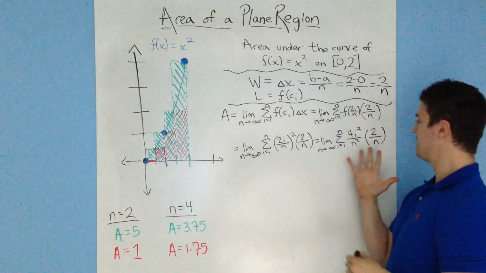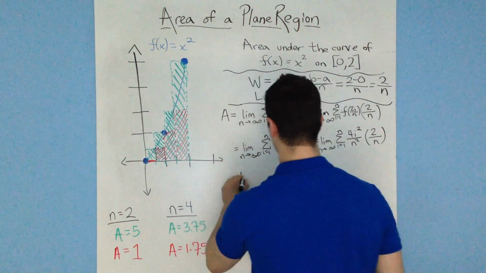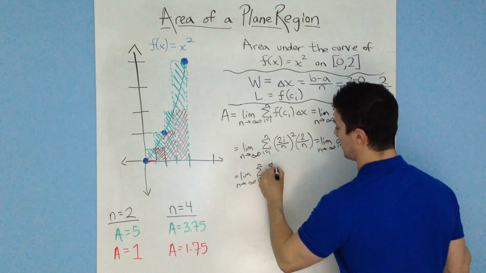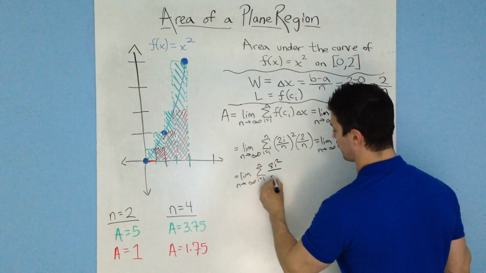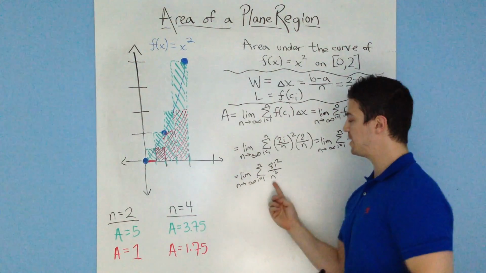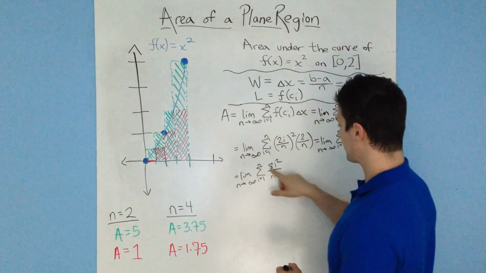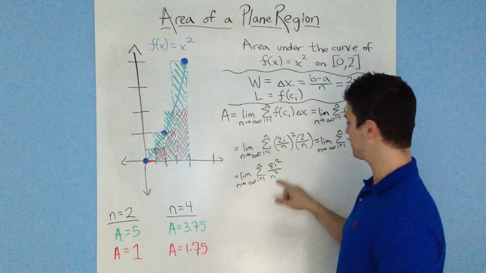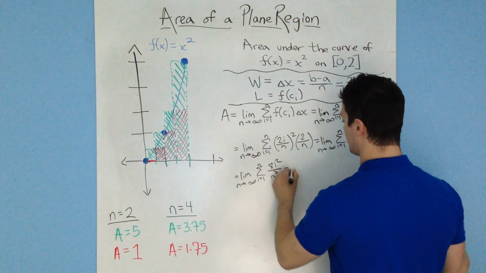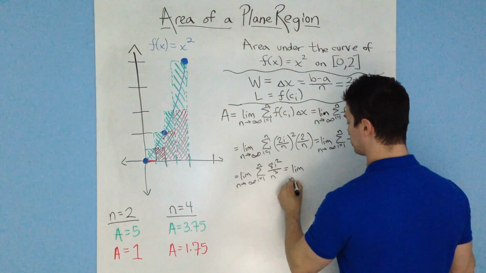Now what we're going to do here is simplify this. You should get 8i squared over n cubed by multiplying across. Now I can pull out the constants because the 8 is a constant and the n to the third power is constant. So I'm going to pull that out in front of the sigma.